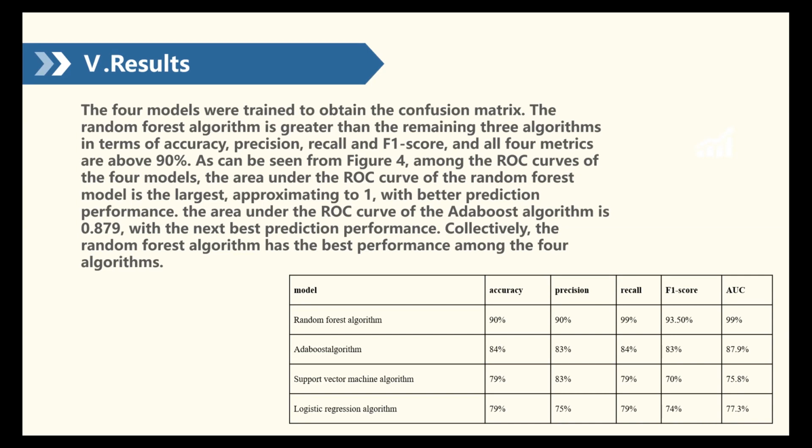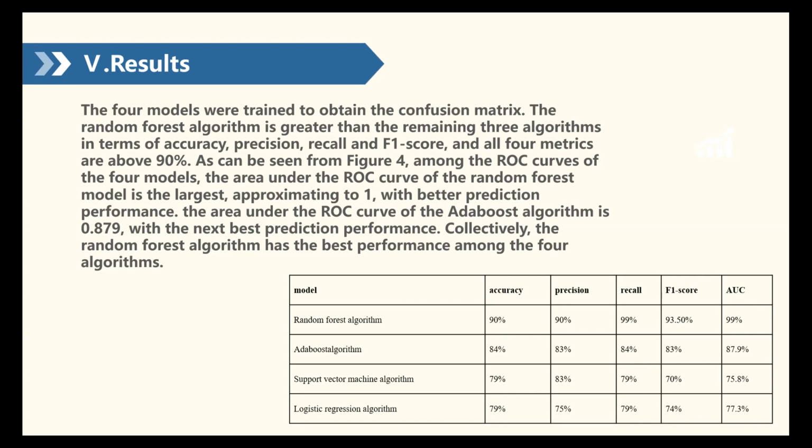As we can see from the figure, among the AUC scores of the 4 models, the random forest AUC score is approximating to 1 with better prediction performance.